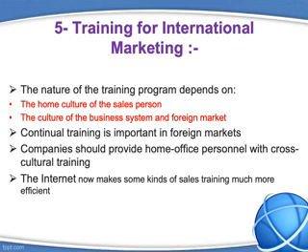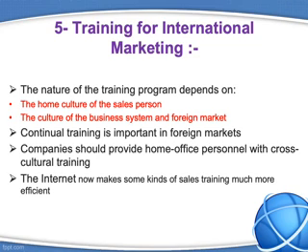The last point in this part is related to training for international marketing. Actually, the nature of the training program depends on, first, the home culture of the salesperson.